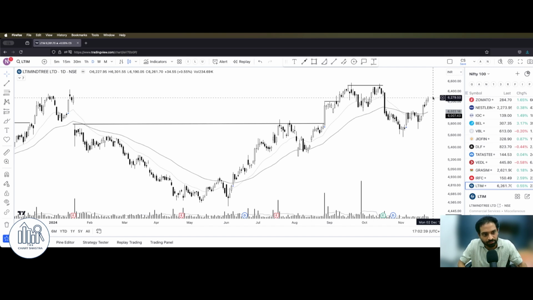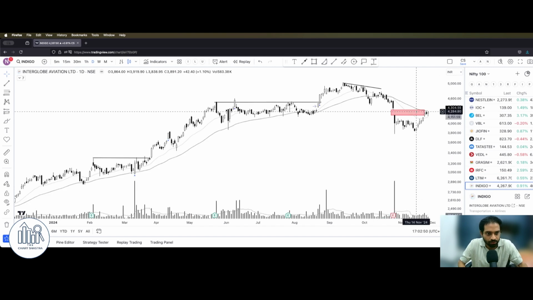LTIM, something similar to what we have seen in Infosys and TCS, but not as strong as HCL Tech or Wipro. Indigo, this was a very good chart in 2024. You have seen the price has moved all the way from 2600 to 5000, so the stock has doubled in the year.